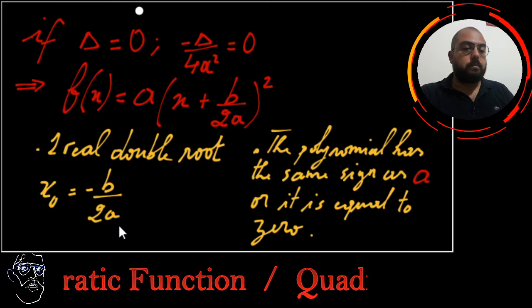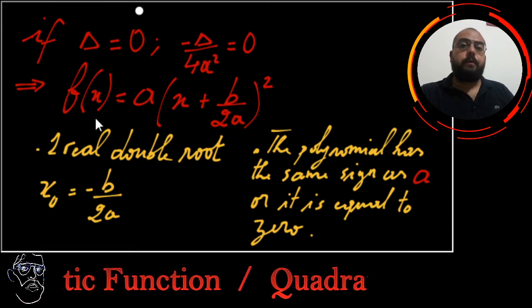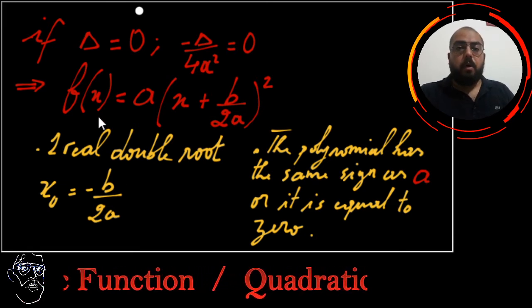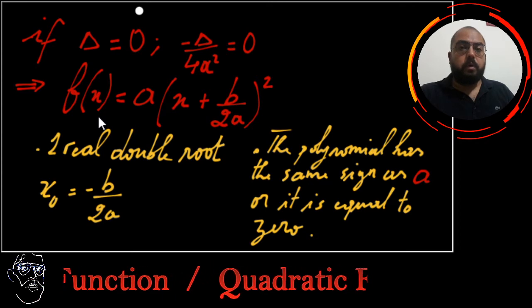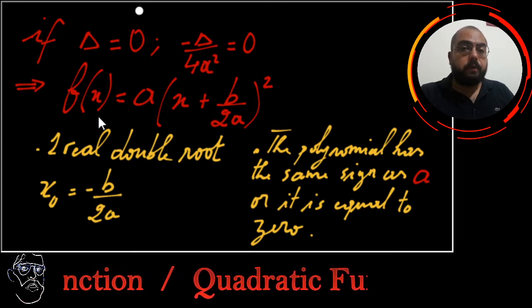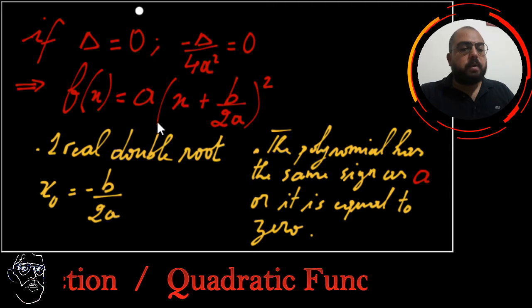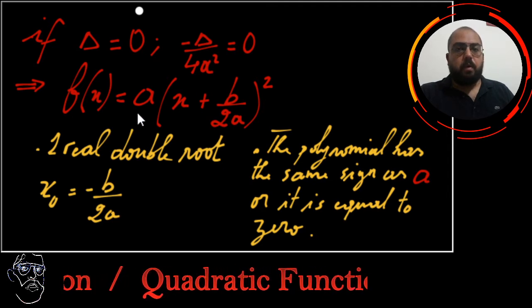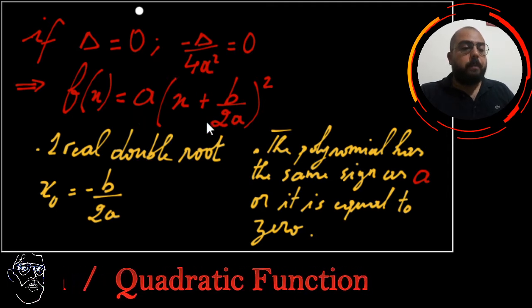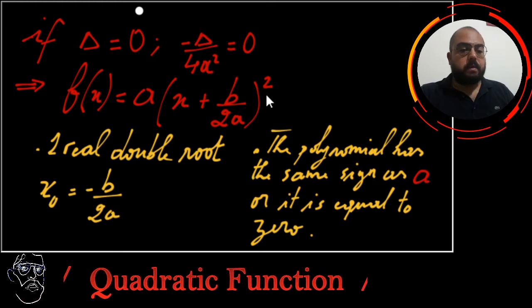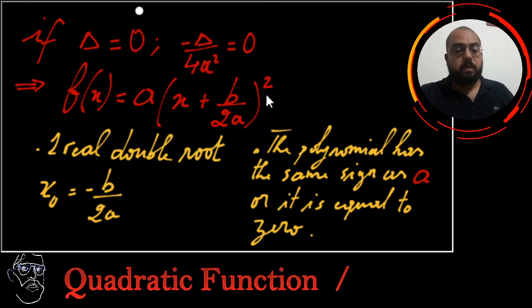Now, what happens to the sign of the function? I know the value of the real root, but what happens to the sign of the function? The function will take again the sign of a. Why? Because what I have between the parentheses is to the power of 2, so it will be positive.